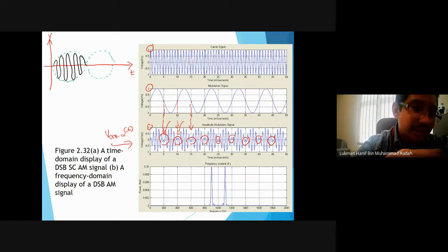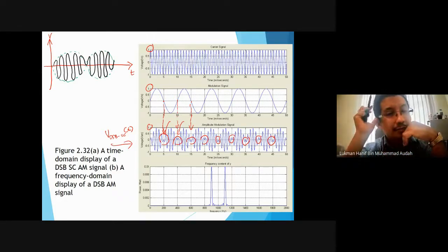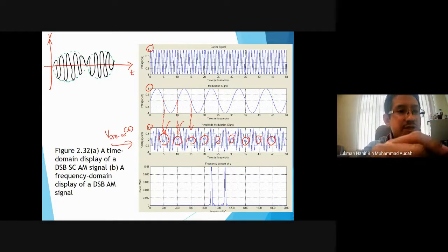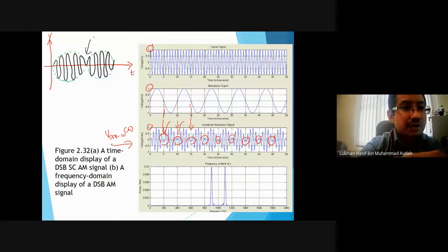So what happened is that, instead of going down, the signal will go up. Okay, dia akan terbalik. Nampak? We want to see this, you highlight this area, and you can mention over here, this is 180 degree phase shift.